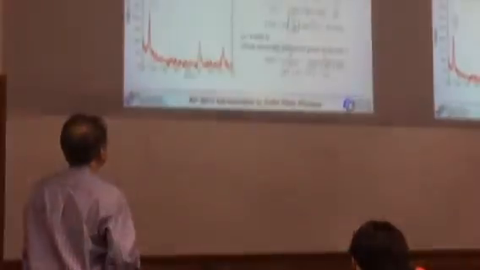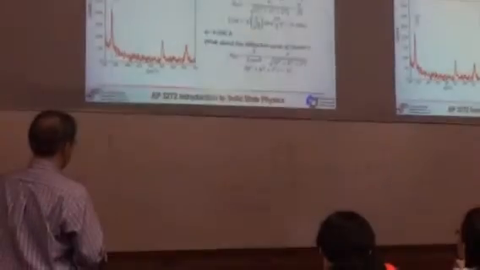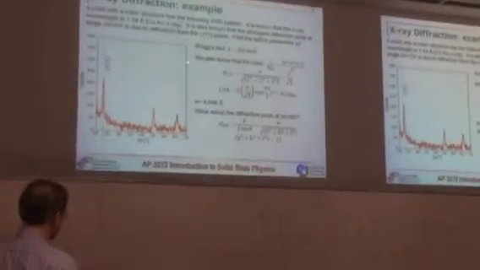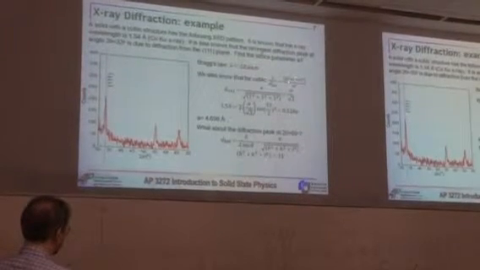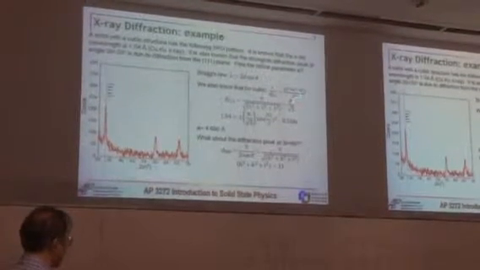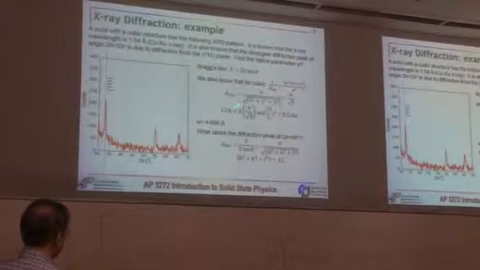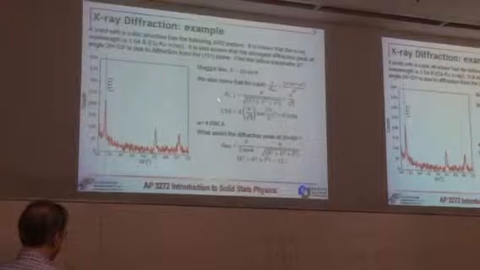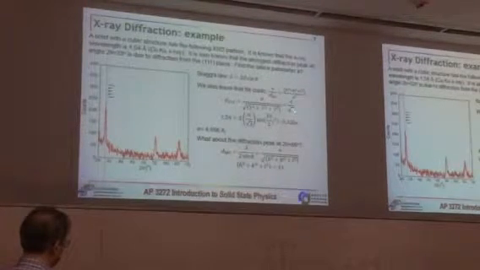It's very simple. Apply Bragg's law, lambda equals 2d sine theta. We also know that for a cubic crystal, 1 over d_hkl squared is h squared plus k squared plus l squared over a squared, a being the lattice constant. So d for the 111 plane will be just a over square root 3.